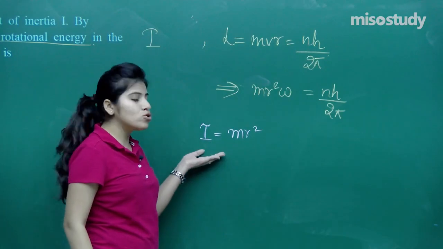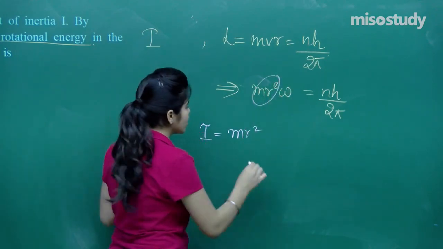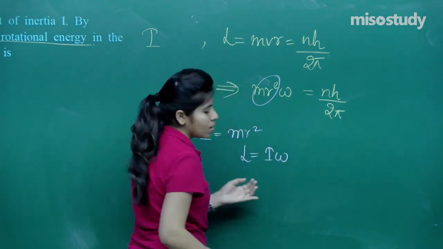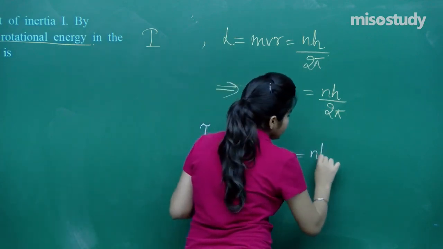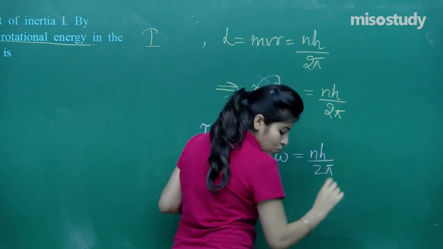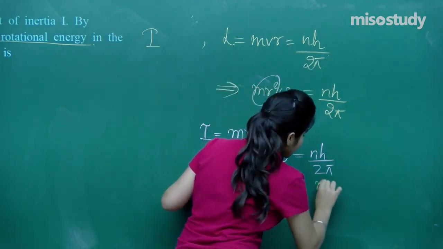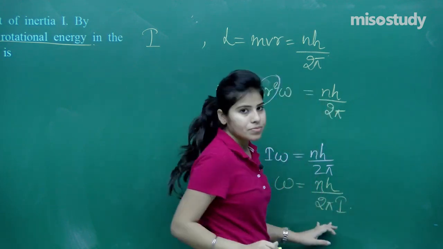So your L will be equal to I omega, right. Now I omega equals nh upon 2 pi. So from here I can find out the value of omega, that will be nh upon 2 pi into I.